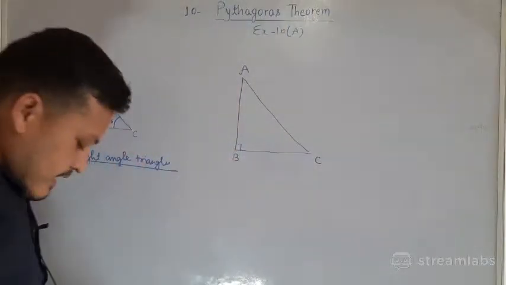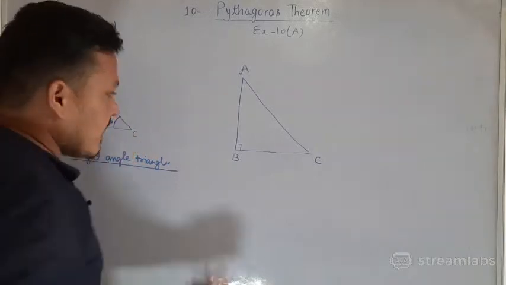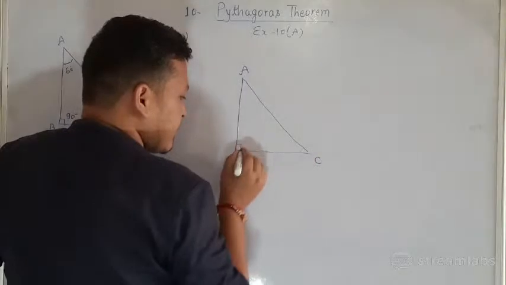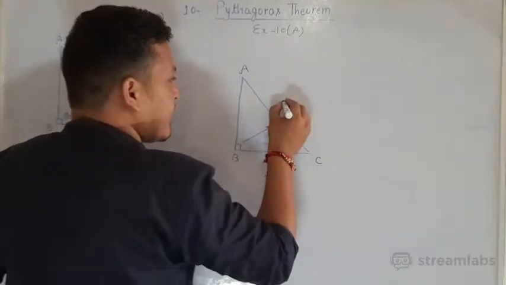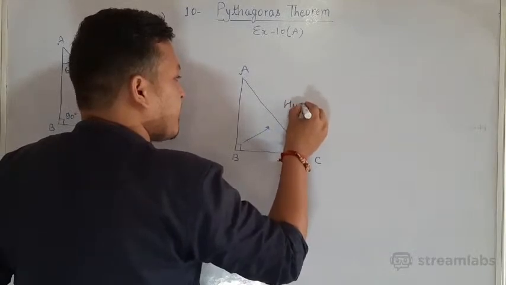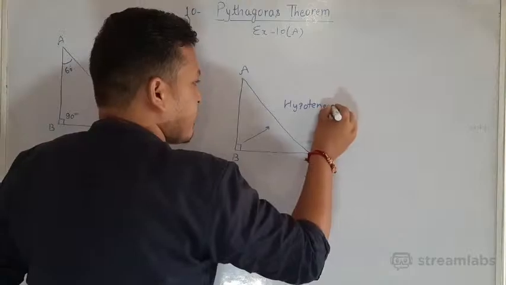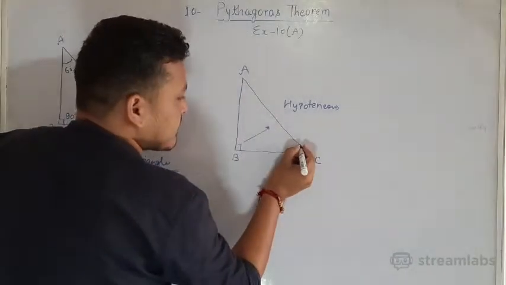Now listen properly. Here is 90 degree, one angle is 90 degree. The side in front of the 90, the side in front of this 90, this side is known as hypotenuse. Okay, next, let's suppose one angle is theta here.